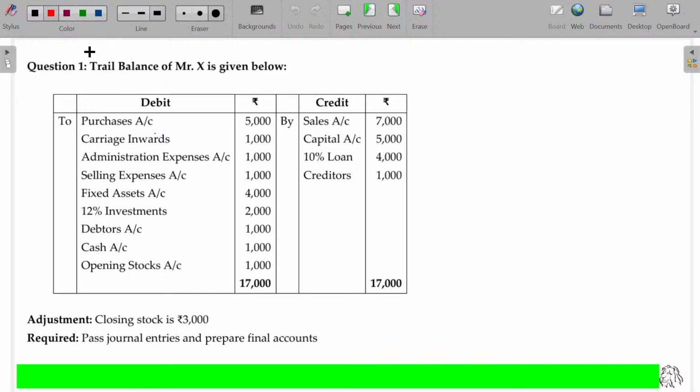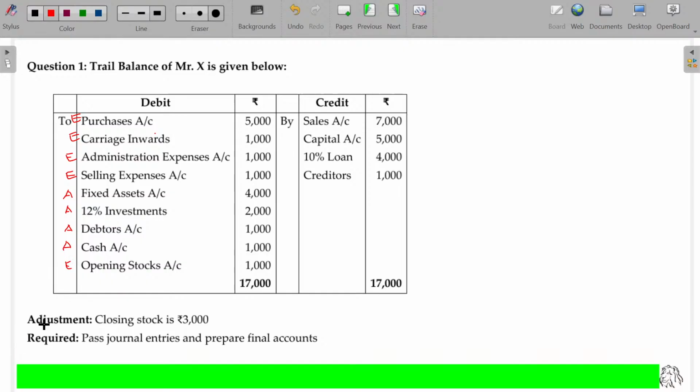Here, find out the assets first of all, and find out the expenses. Purchases, carriage inward, advertisement, administration expenses, selling expenses are expenses; fixed assets, investment, debtors, cash are assets; opening stock is an expense, because opening stock could have been sold in this year.